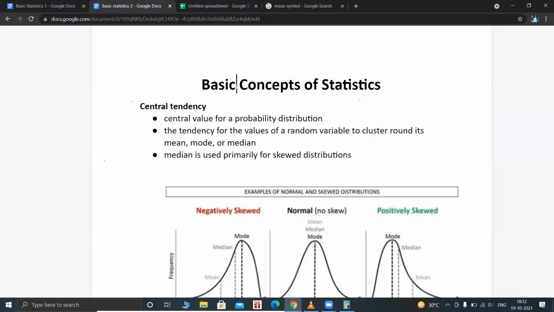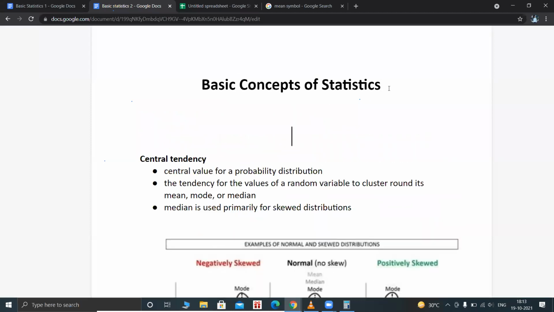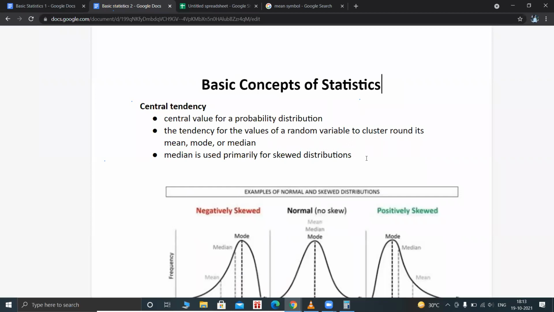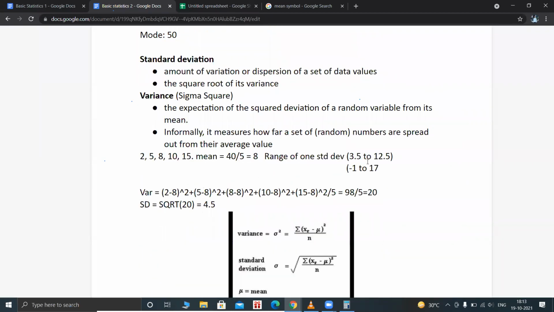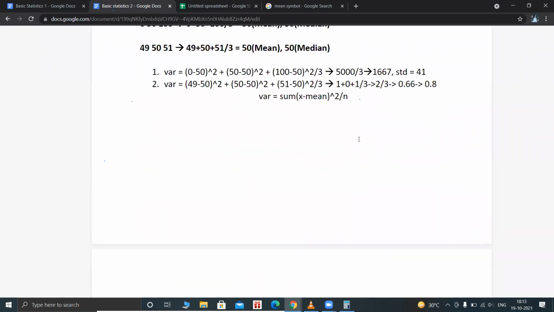Maths for data science consists of linear algebra, calculus, probability, and statistics. Let me write it here, guys.